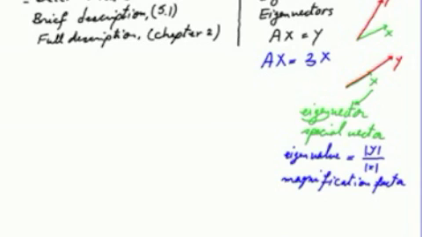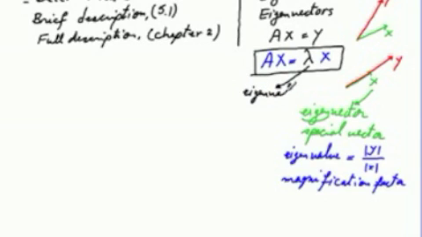That other number that comes up, they refer to that as the eigenvalue, and the traditional lettering they use for it is lambda. So this lambda gets to be called the eigenvalue, and this x is referred to as the eigenvector.